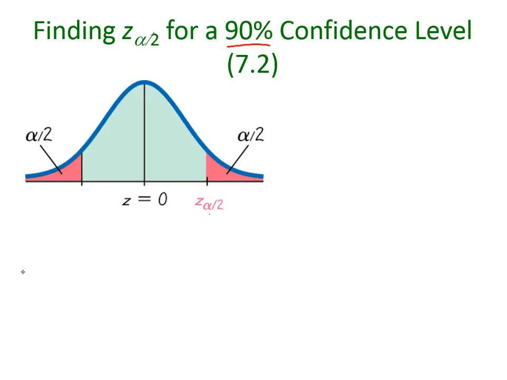So you're looking for the 0.95. It's not that. If you were doing the 90%, then your alpha is the 10%, but you have to cut that in half. So you're really looking for having 5% in the right tail and 5% in the left tail. So you're going to be looking for the 0.95 is what you're actually looking for here.